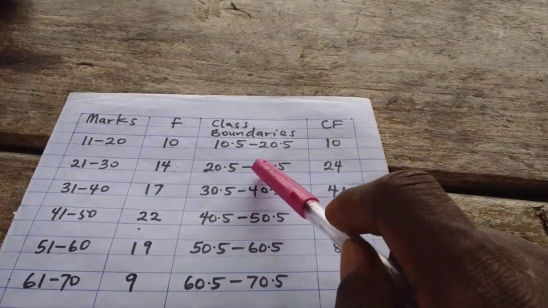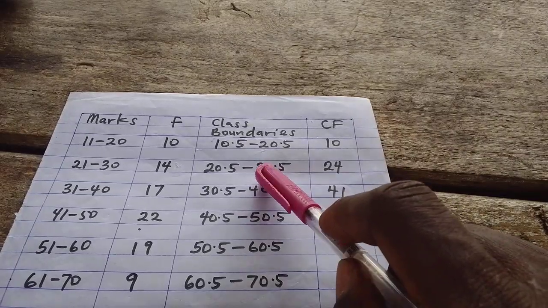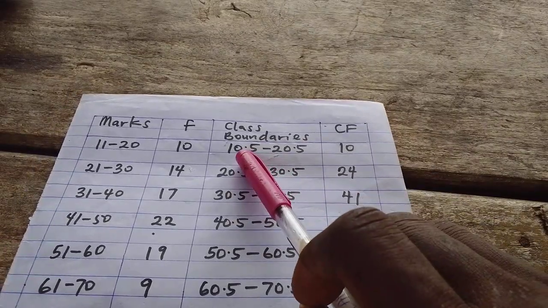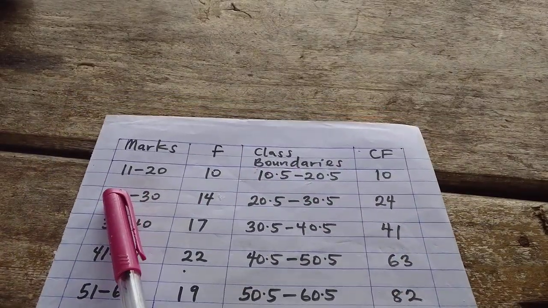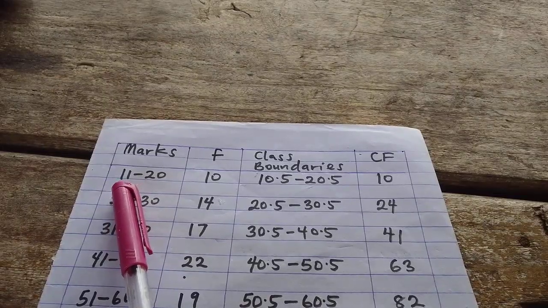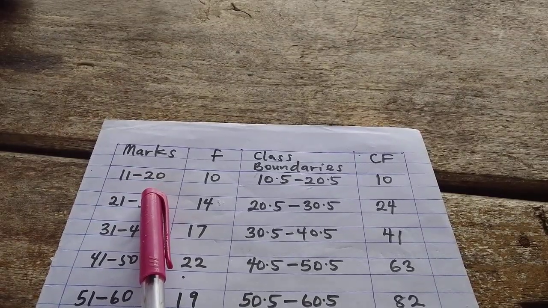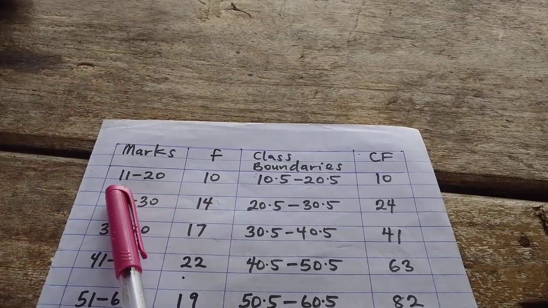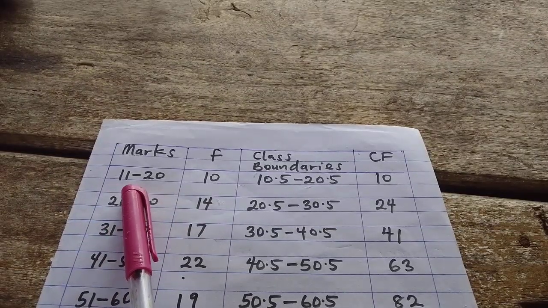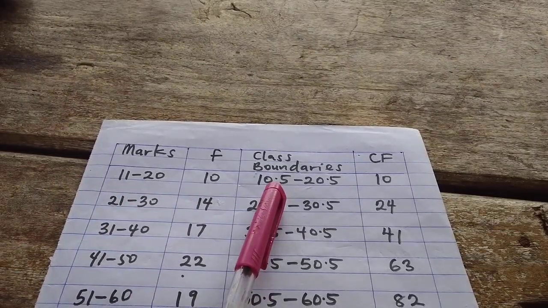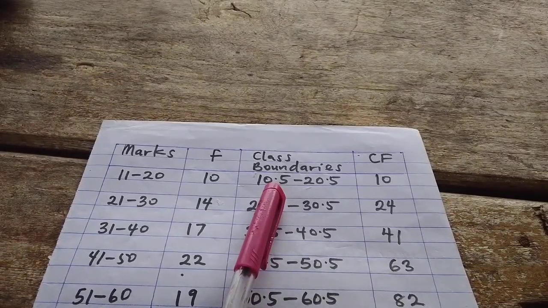You also need to know the class boundaries, like we did the other time. Subtract 0.5 from the lower class limit and add 0.5 to the upper class limit. Subtracting 0.5 from 11 gives 10.5.